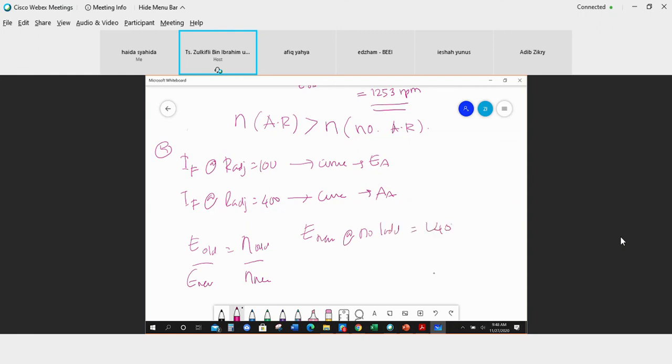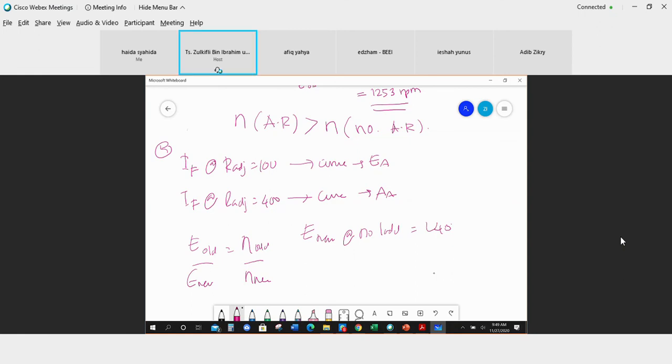So soalan dia tanya pada keadaan no load, what will be the range of speed if the adjustable is adjusted to 100 to 400. So the same rules apply, then you will get the answer as printed dekat jawapan. Saya rasa dia tak ada problem sangat.